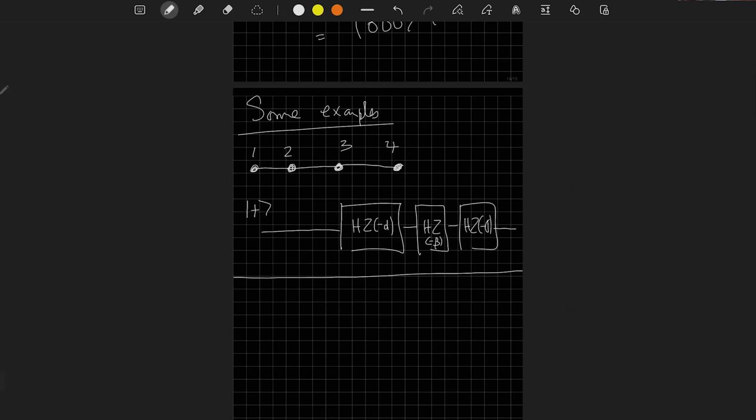if I have a cluster state of this kind, that follows a linear cluster state. This is, let's call it a box cluster state.